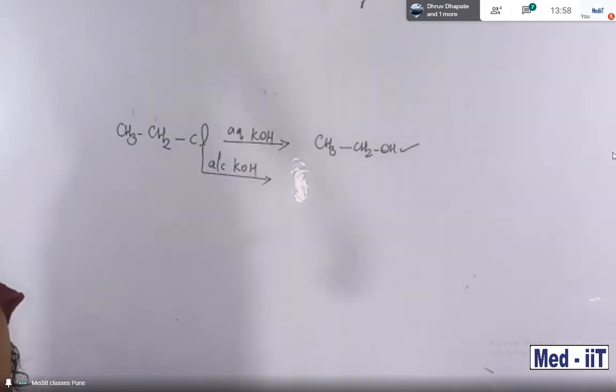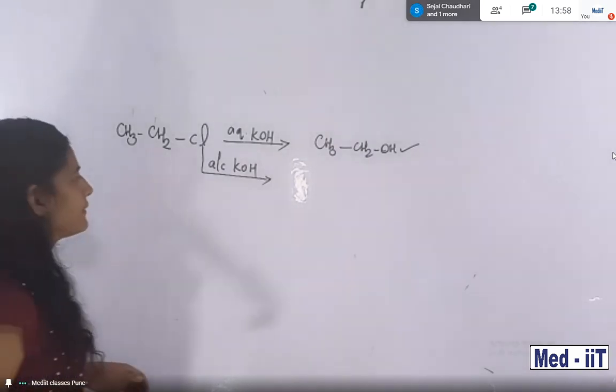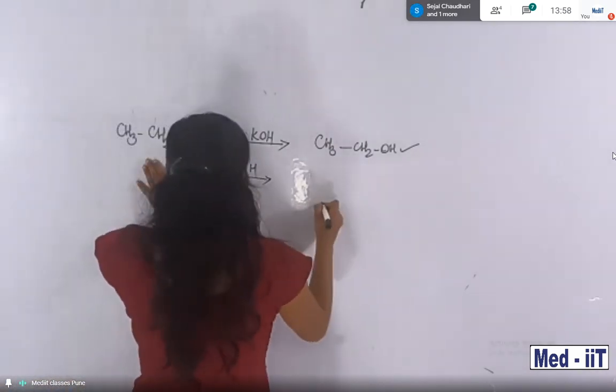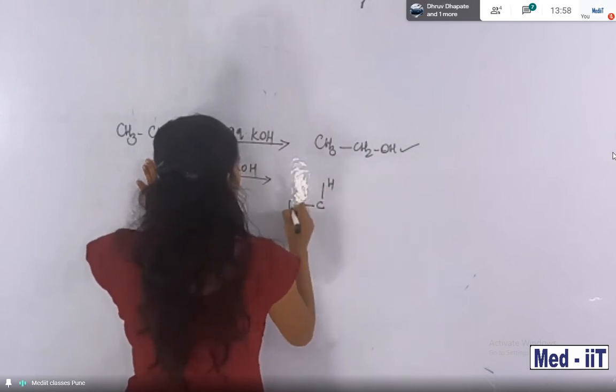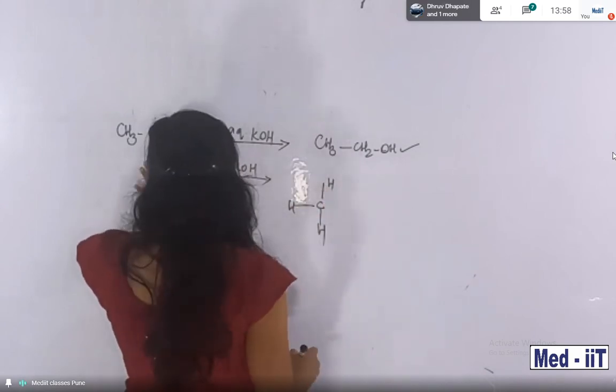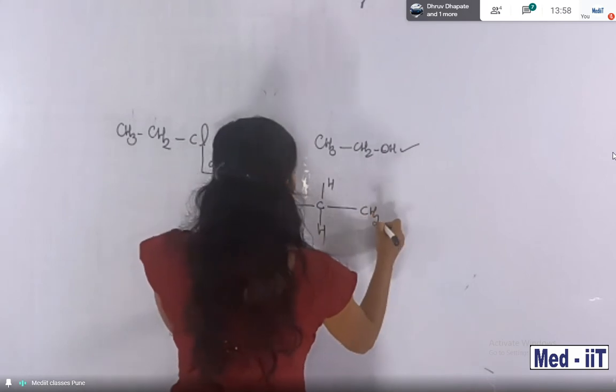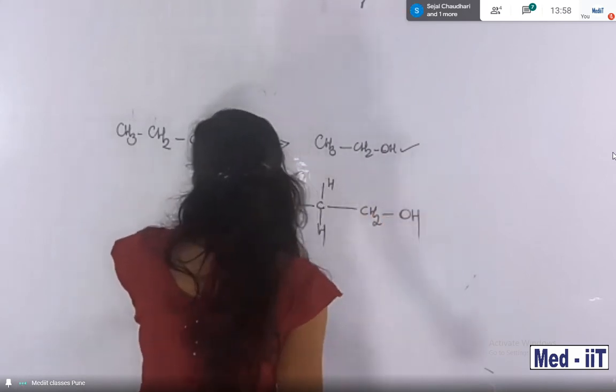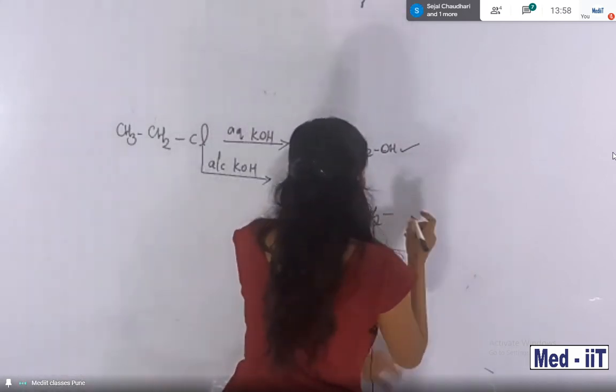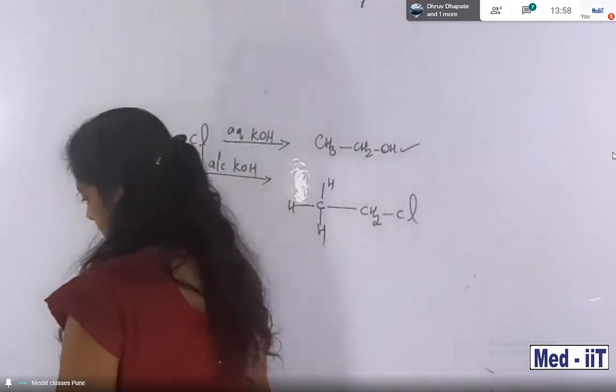So here, we can say that in the case of carbon, there is one hydrogen, second hydrogen, third hydrogen, here is CH2, and here chlorine. Okay, this is the setup.